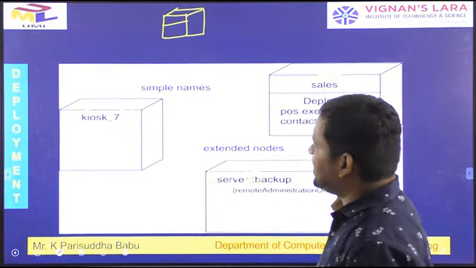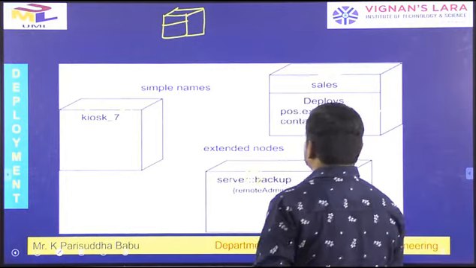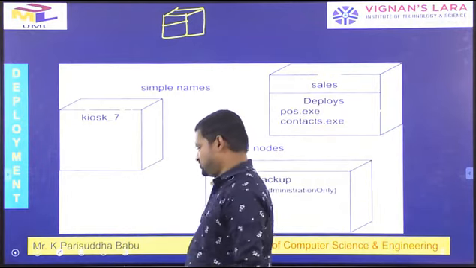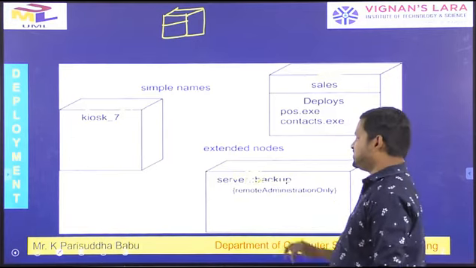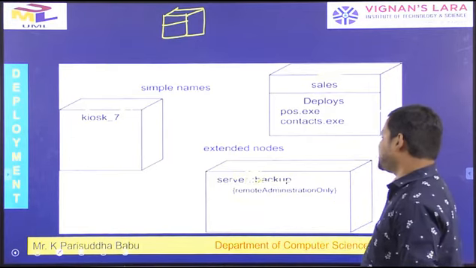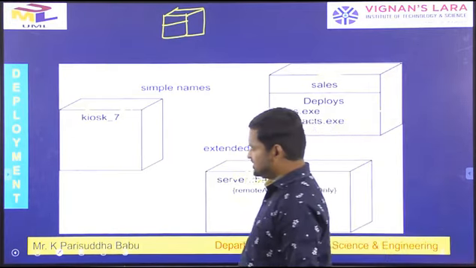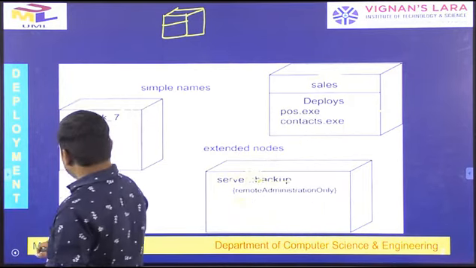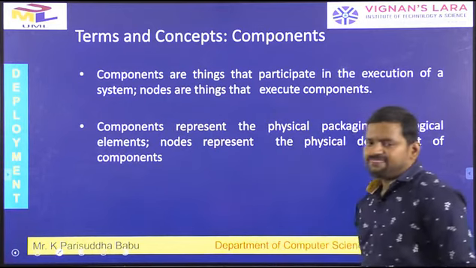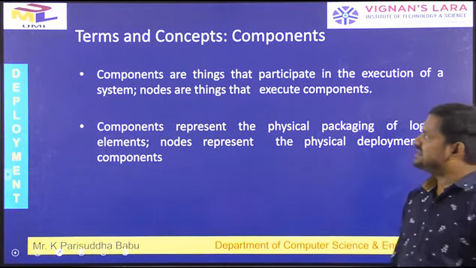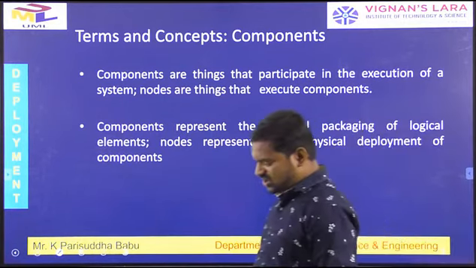In the node we observe simple names and path names. In between curly braces you may also represent tagged values, such as remote administration only, in the node representation. These are the terms and concepts of the nodes.